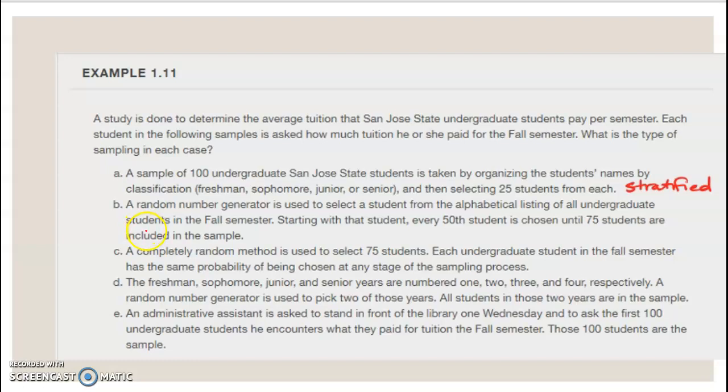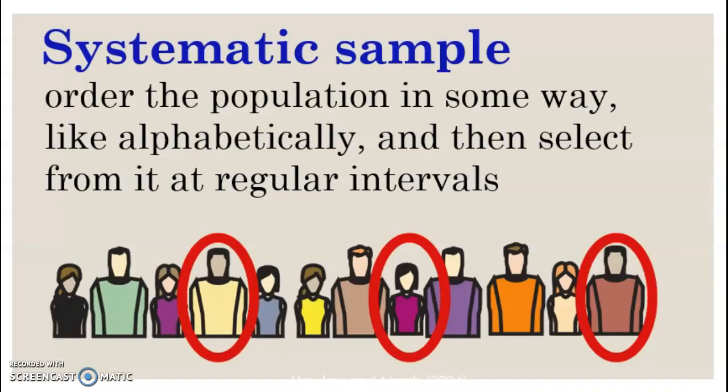Starting with that student, every 50th student is chosen until 75 students are included in the sample. That would be a systematic sample. It's ordered in a certain way, and then select from it at regular intervals.